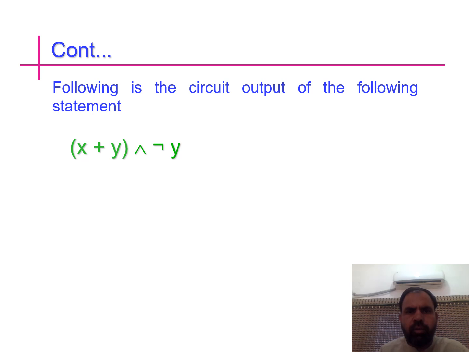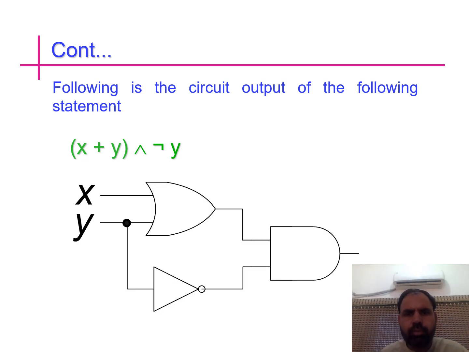The following is the circuit output of the following statement: (X plus Y) and negation Y. This is X and this is Y, and this is an AND gate, and this is a NOT gate.